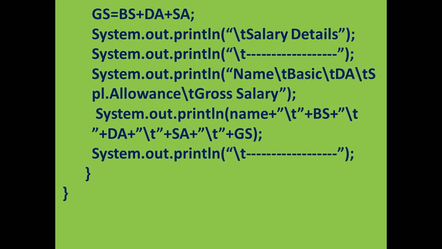Then plus BS for basic salary, plus \t within double inverted commas, plus DA for the dearness allowance, plus \t, plus SA for the special allowance, plus \t, plus GS. In that variable we stored the gross salary. Then close the bracket, semicolon.